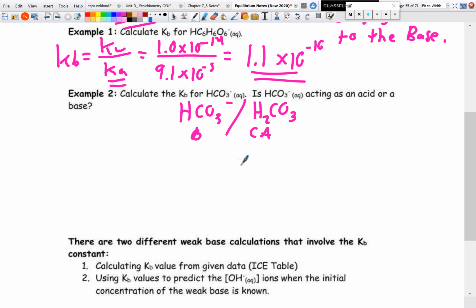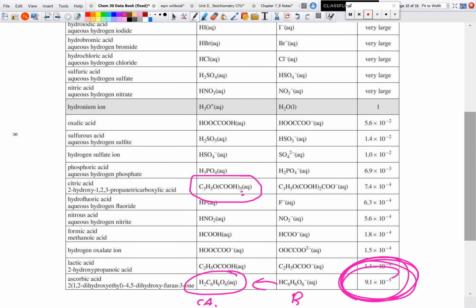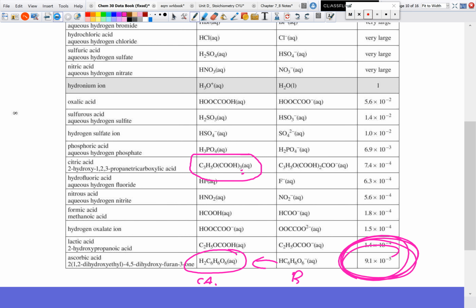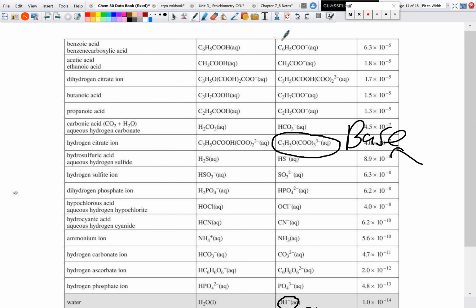Okay, so if we go Kb is equal to Kw over Ka, our Kw is 1.0 times 10 to the power negative 14. Remember, the Ka is for H2CO3. So we go to our data booklet and we find H2CO3, which is on page 9.